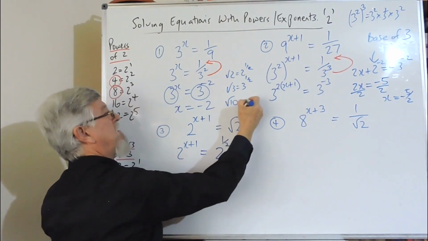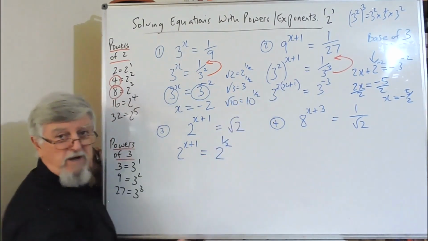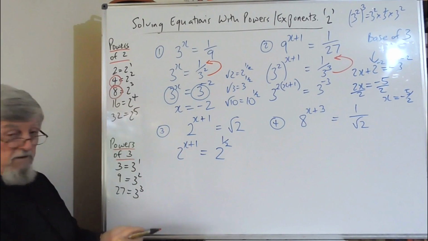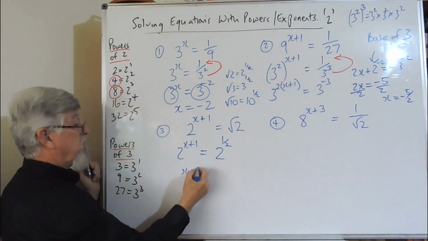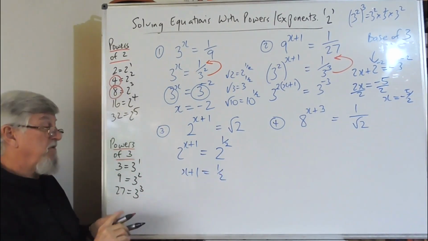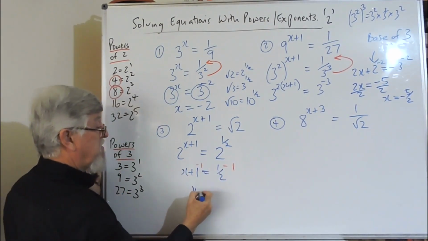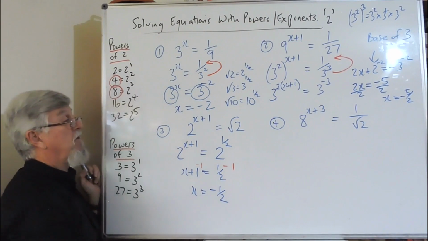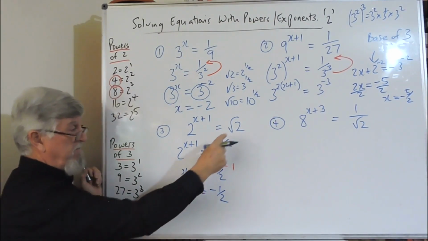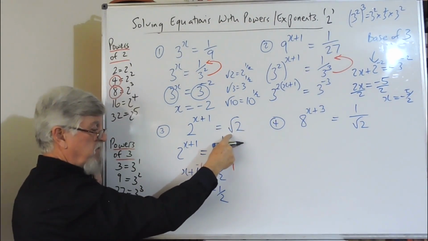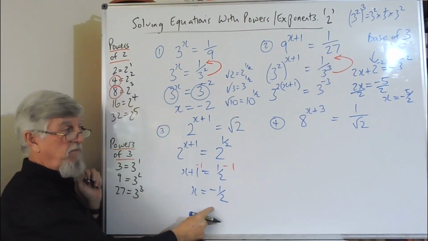Root 10 is 10 to the half. So we write a square root with a half. Now we've got a really simple equation: x plus 1 equals a half. If I subtract 1 from this side, and 1 from that side, I've got x equals minus a half. If you're confident enough with your index laws and what happens with square roots, you might see that answer in your head from the beginning.